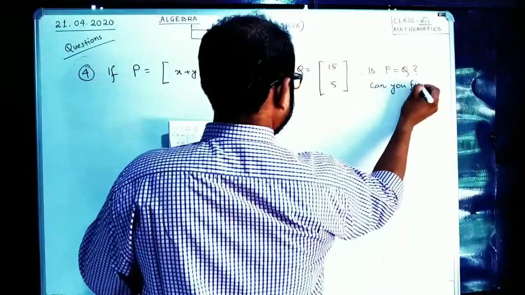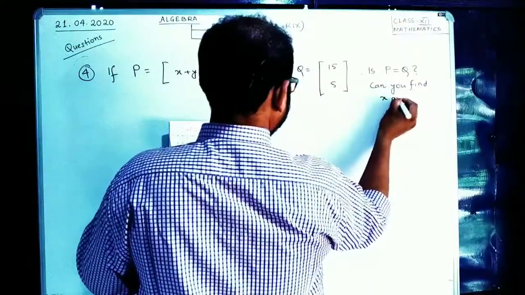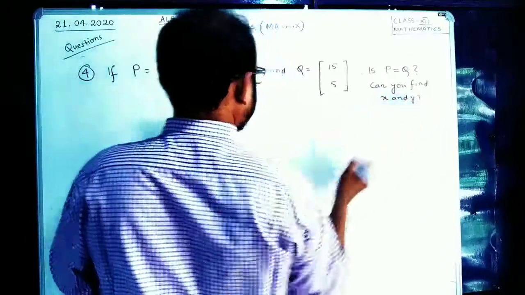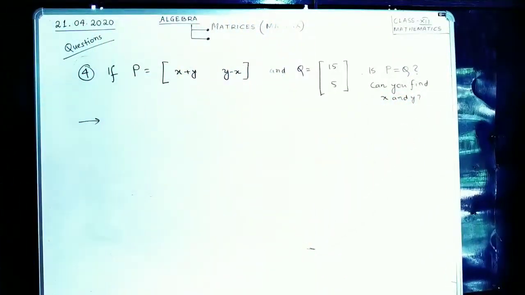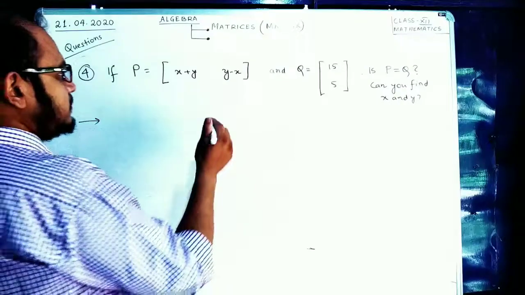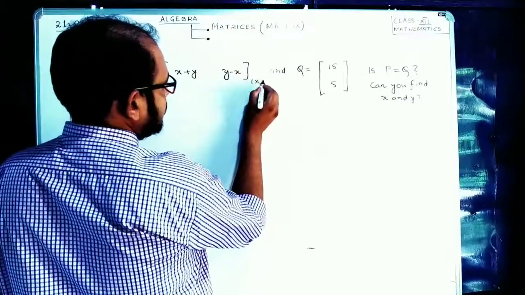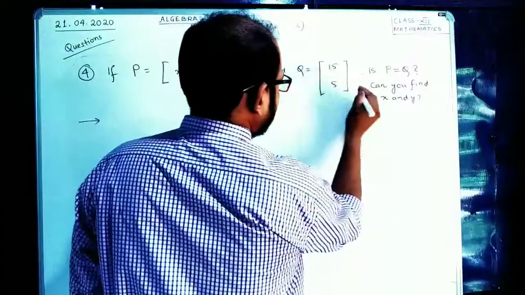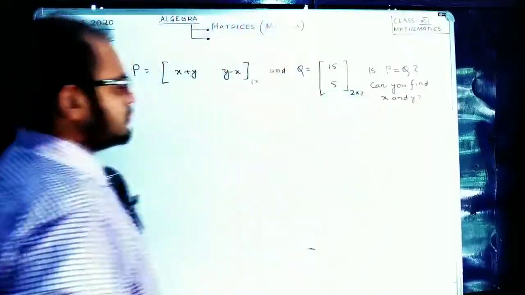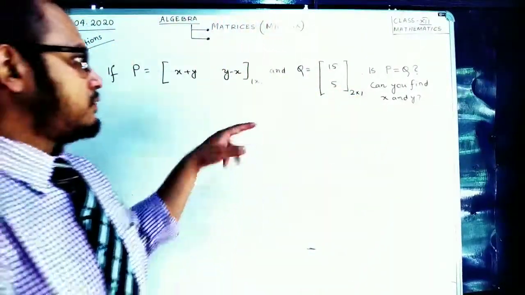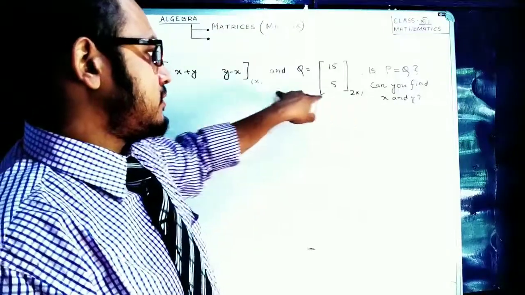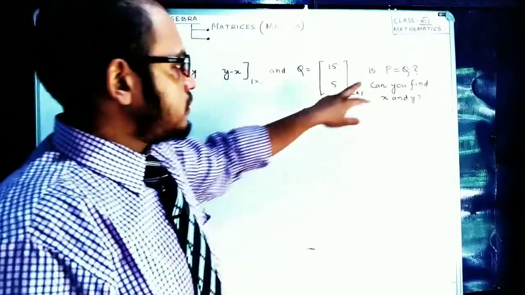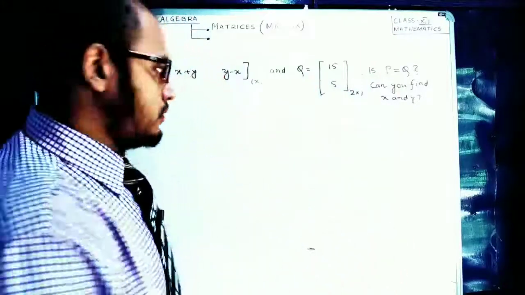Can you find x and y? See, what is the order of this matrix P? It's a 1 by 2 matrix. What about the order of this matrix Q? It is a 2 by 1 matrix. So the first condition is not fulfilled. The order of these two matrices is not the same. So that is why P is not equal to Q.